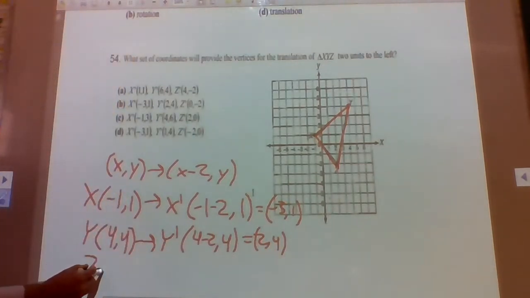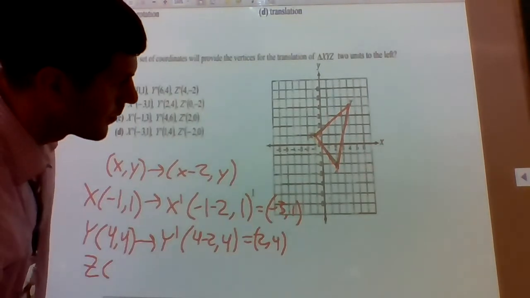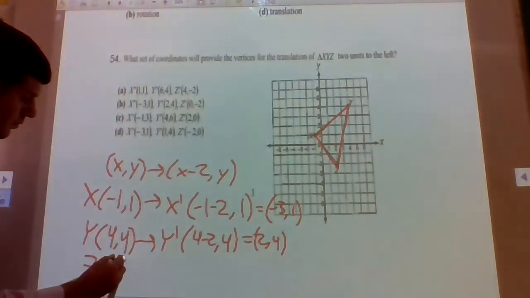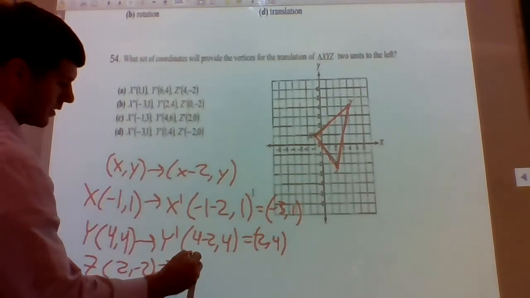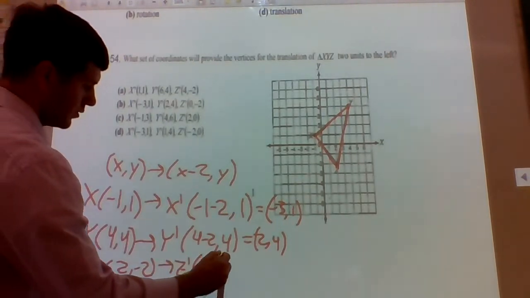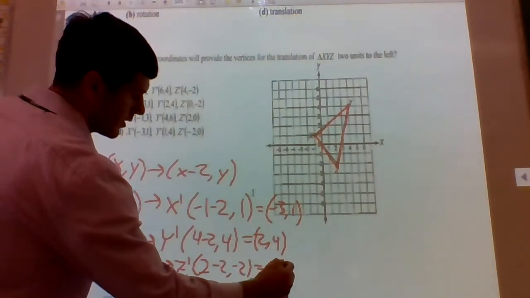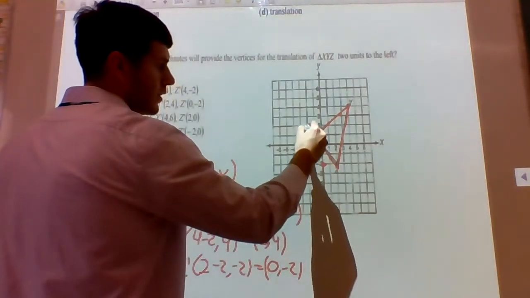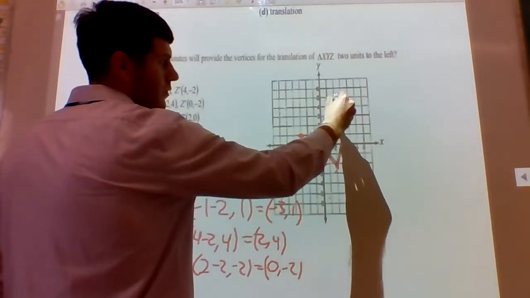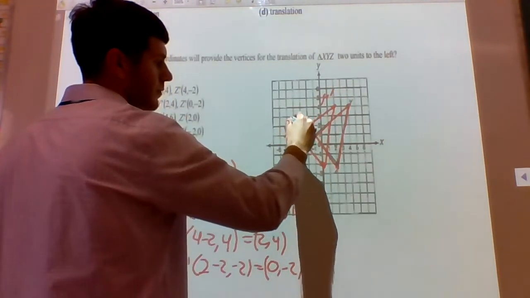And then Z is 2, negative 2. So Z prime is going to be 2 minus 2, comma negative 2, which gives us 0, negative 2. So we're going 2 units to the left for each point. There's going to be our new figure.